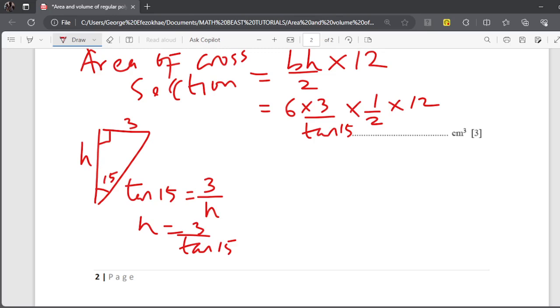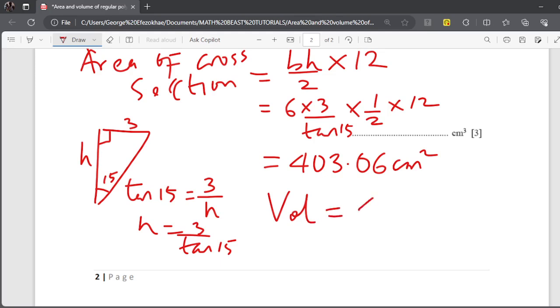6 times 3 over tan 15, that's tan 15 from my calculator, then times 1 over 2 times 12 to form the whole 12-sided polygon. That will give us 403.06 centimeters squared. So the volume will be the area we have gotten times the length.